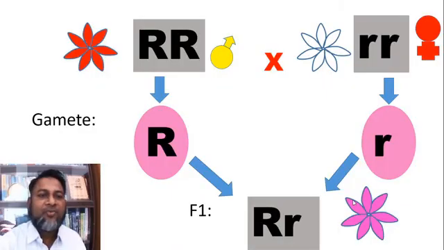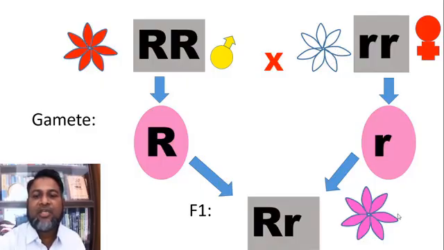According to Mendel's first law, in the F1 we get the dominant character, but here we get an intermediate character between red and white flower.